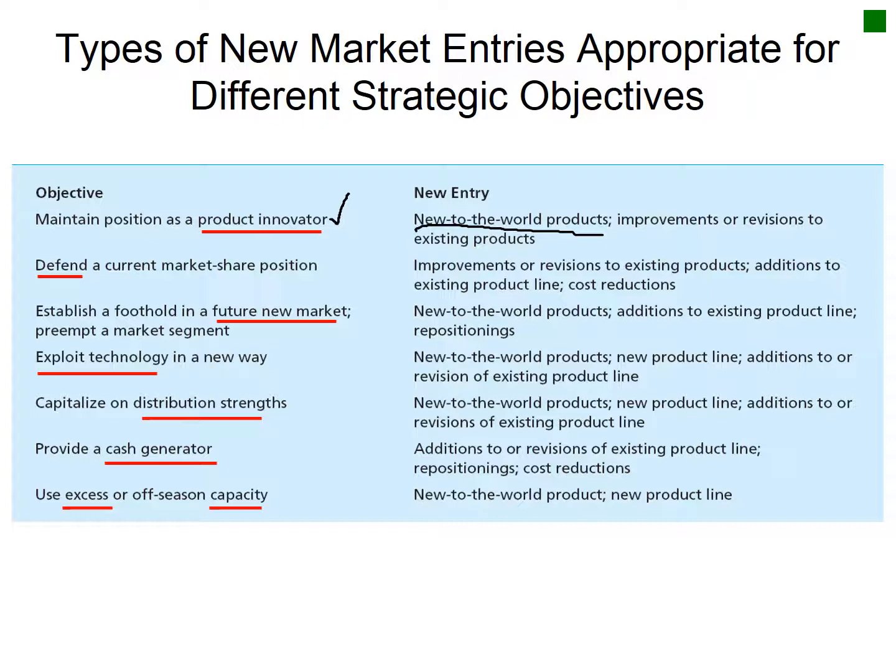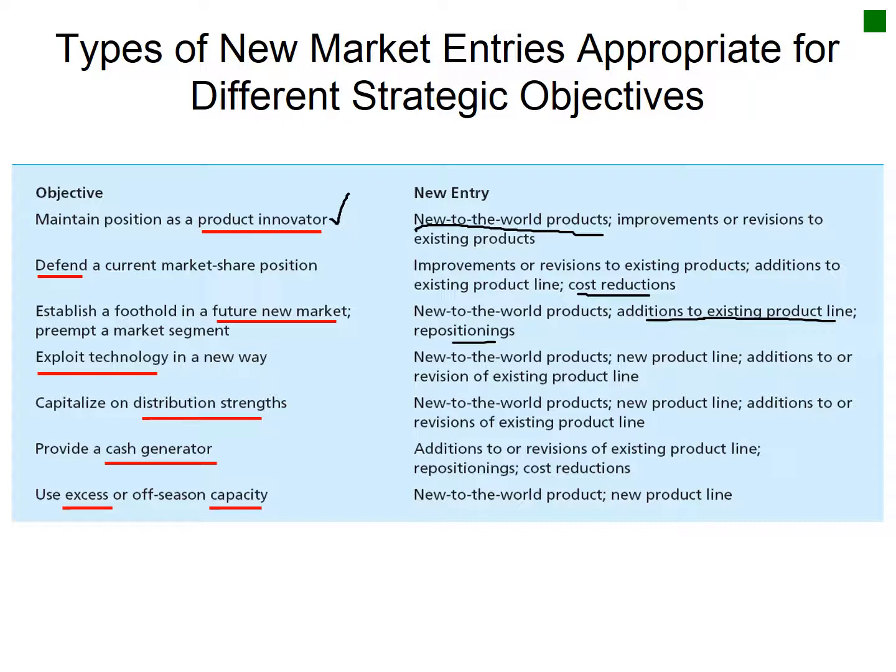So after we introduce new to the world products, once we have competitors, we're going to begin to make minor changes, innovations and improvements. And in that shakeout period, think about cost reductions and reducing our product costs. Sometimes our objectives are to create new markets, getting footholds in future markets, designing markets, and looking at a market that's growing that we want to jump into. So additions to existing product lines and repositionings would be taking advantage of markets that we're not necessarily in yet, that would be new to us.